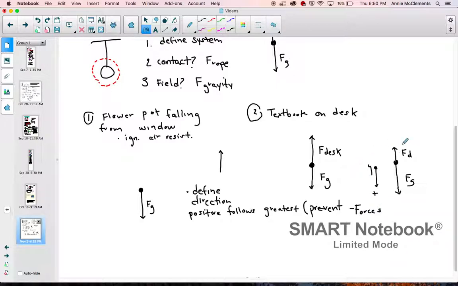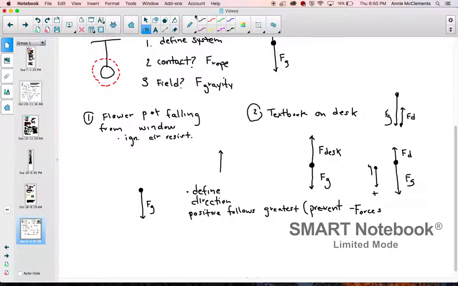Part of what we'll get to next time is combining vectors. If we wanted to figure out the net force on this desk, in this scenario where gravity exerts a greater force, we would add them head to tail. So we would add Fg to Fd. That's Fd, there's Fg.